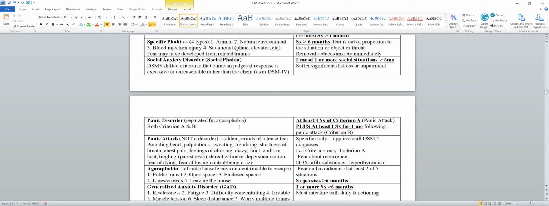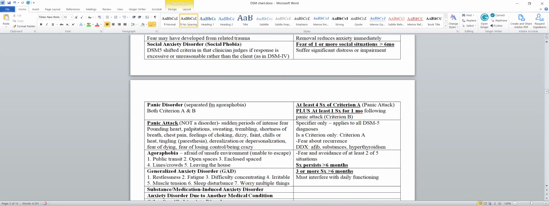Panic disorder has been separated from agoraphobia. And I'm going to define panic attack first. A panic attack is not a disorder. It's a specifier only. And it fulfills criterion A in panic disorder.